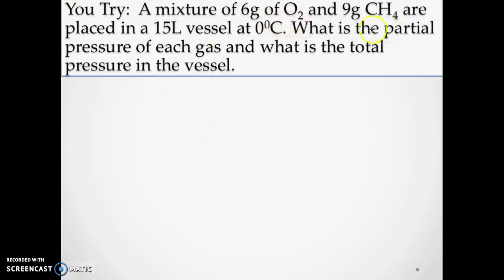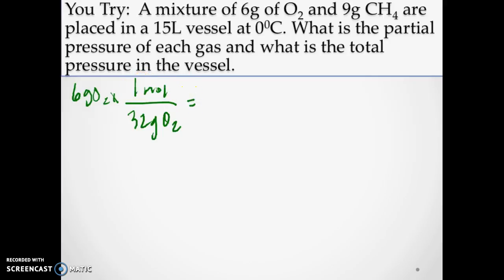So a mixture of 6 grams of oxygen and 9 grams of methane are placed in a 15 liter vessel at 0 Celsius. What is the partial pressure? So we're going to have to find P for each individual gas. So let's start with 6 grams of O2, 32 grams of O2 per 1 mole.